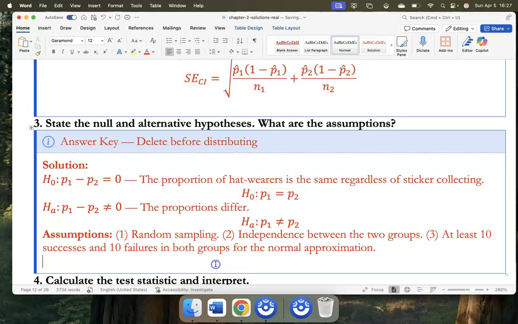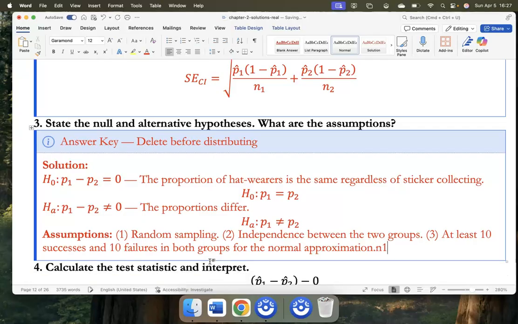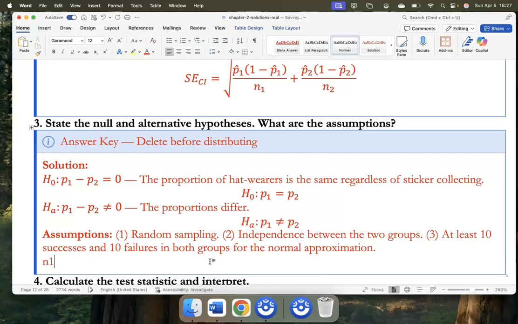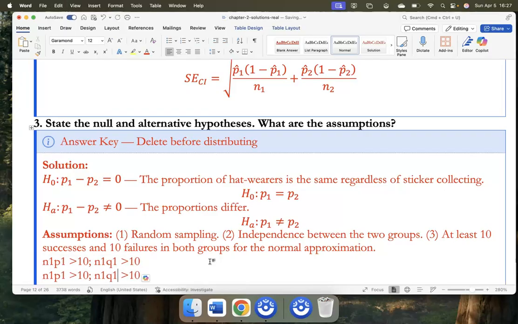That's essentially saying n1 times p1 is greater than or equal to 10, and we'll do the same thing for q, and then the same thing for the second group. So all these have to be greater than or equal to 10 to utilize the Z distribution.